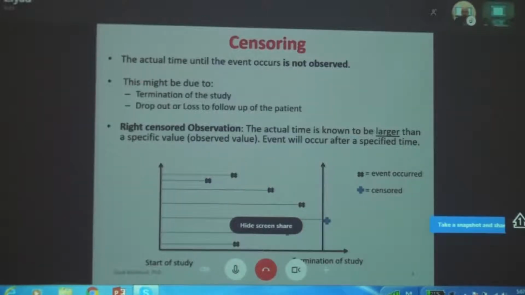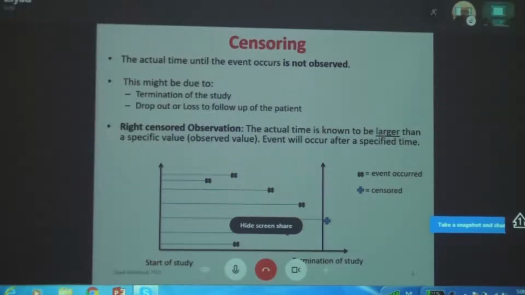We call this censoring in these kinds of analyses. In censoring, the actual time until an event occurs is not observed. The most common type of censoring you'll see is right censoring. This might be due to the termination of the study while the person is still alive, or due to loss to follow-up, after which we don't know what happens to the patient.